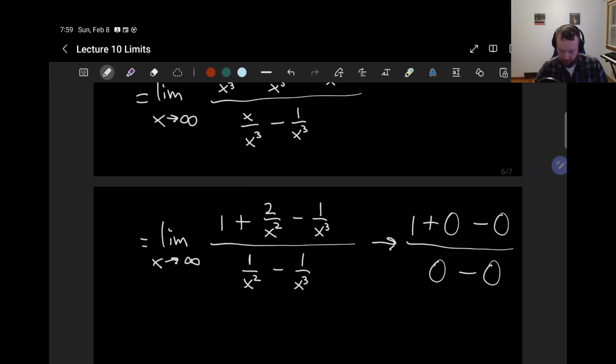You could say equal, that would be fine. Don't worry about it too much. Notice, this actually does give us an answer because I have a finite number, or excuse me, I should say non-zero divided by 0.